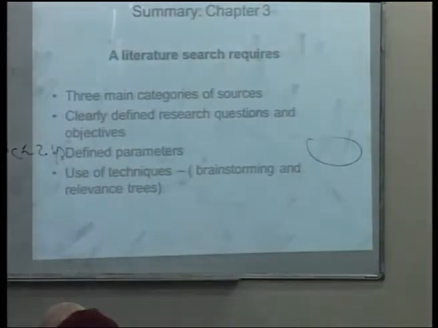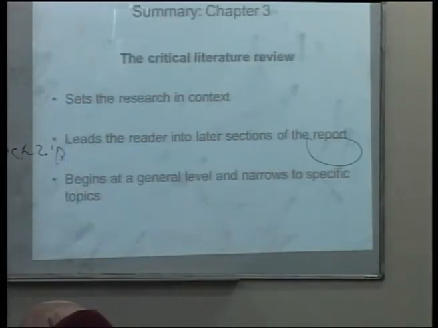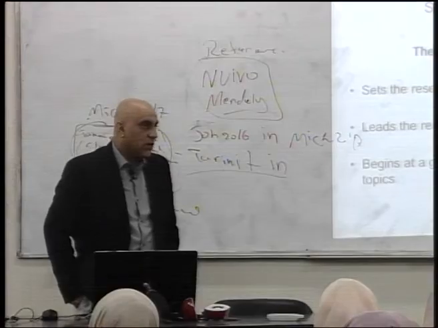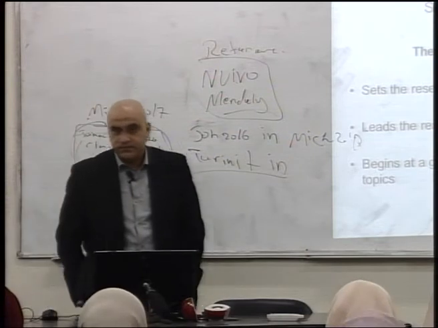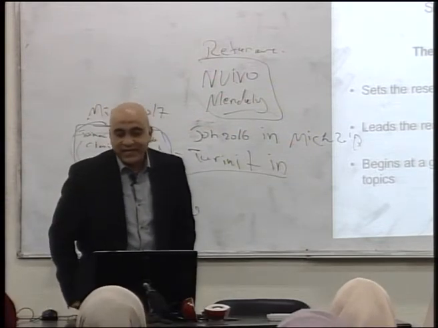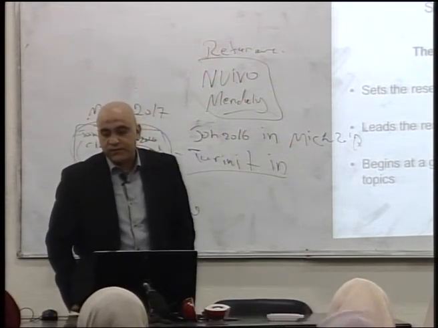Okay. Summary of chapter 3. The critical literature review sets the research in context. It means what is the context of your research? In other words, what is the background of your research? It leads the reader into later sections of the report.